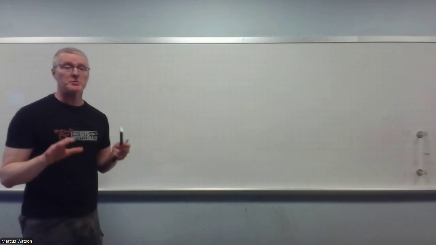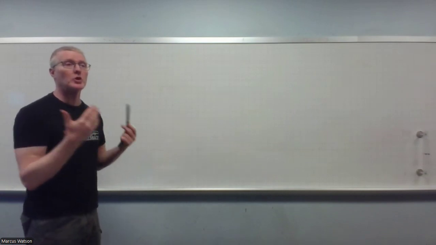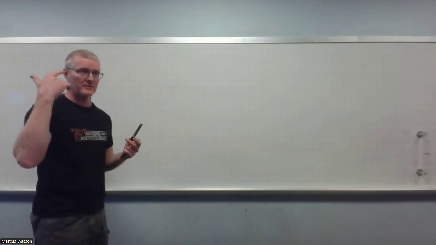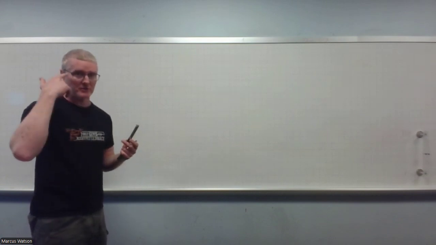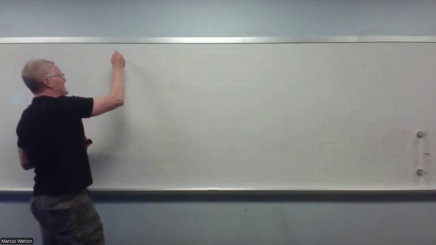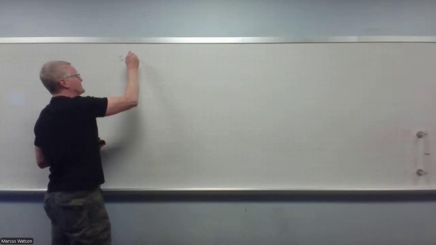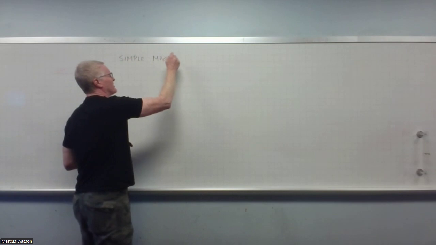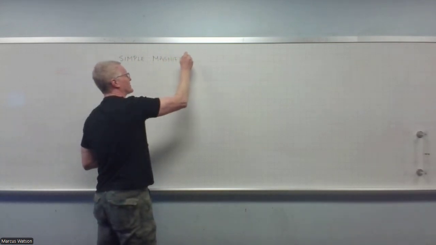And that is because we've introduced the eye. If we're looking at the image and we're forming the image of that image on our retina, then things are a little bit different. So let's begin with the simple magnifier. And I'll try and show you what I mean by the magnification changing.